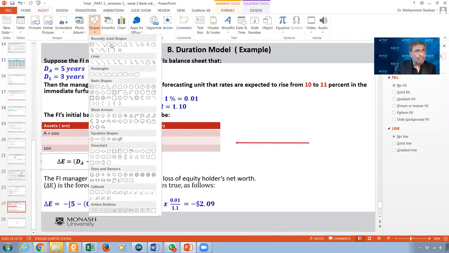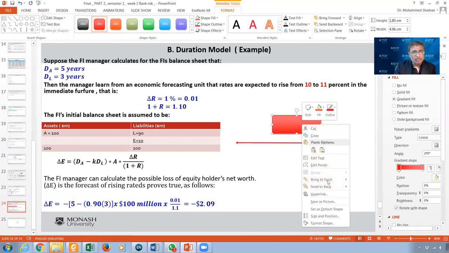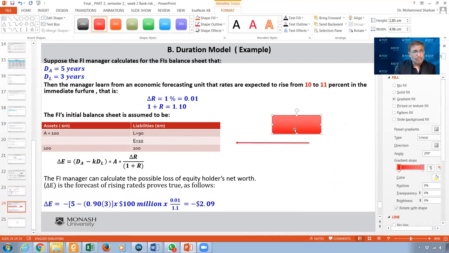If I told you what is my equity, you would say my equity is actually 10 minus 2.09, which is actually 7.91 or whatever, instead of 10.